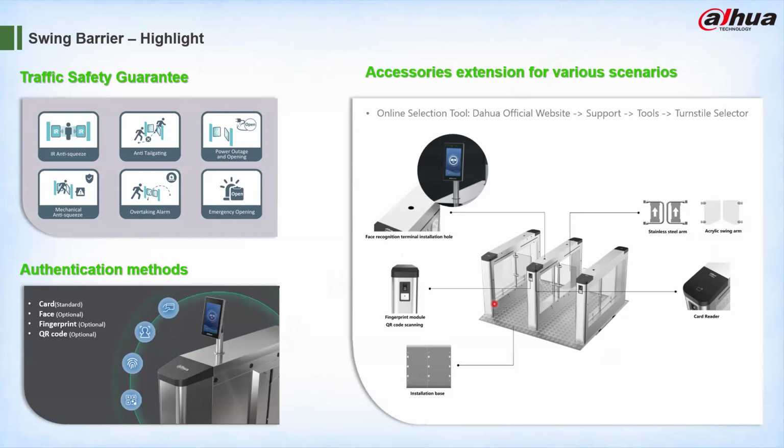As for authentication methods to pass through the swing barriers, it supports, for example, the card, just the standard cards. You can use the face if it has a face terminal or access control device, and you can use the fingerprint to check your fingerprint ID, then it allows you to pass, or you can use the QR code.